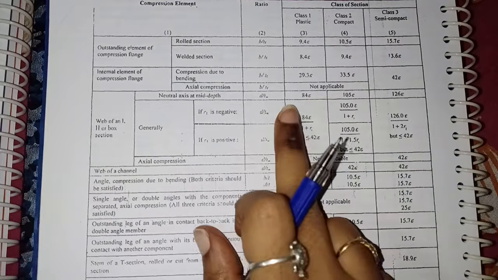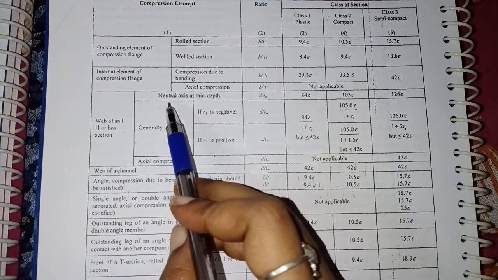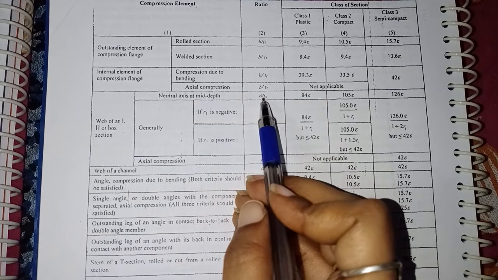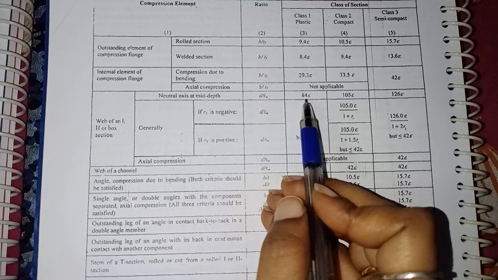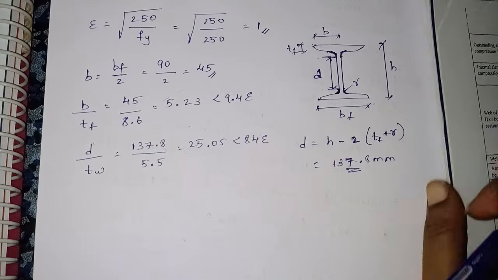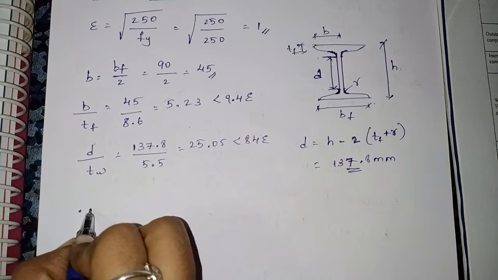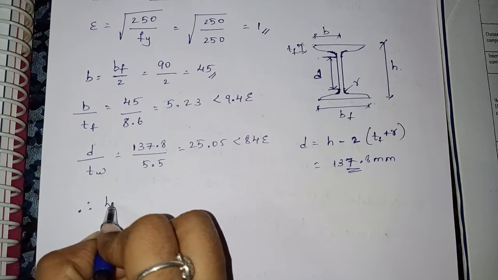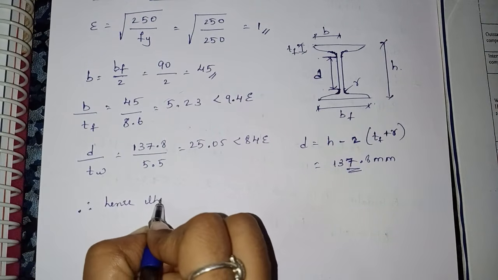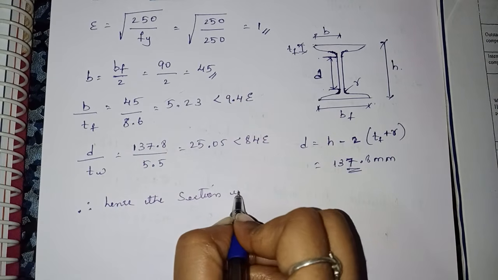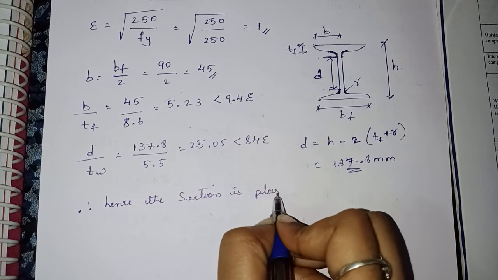It is a symmetric section, with the neutral axis at the middle, so you need to take this condition: d divided by tw is lesser than 84 epsilon, and 84 epsilon is plastic. So what is our conclusion now? Therefore, hence the section is plastic section.